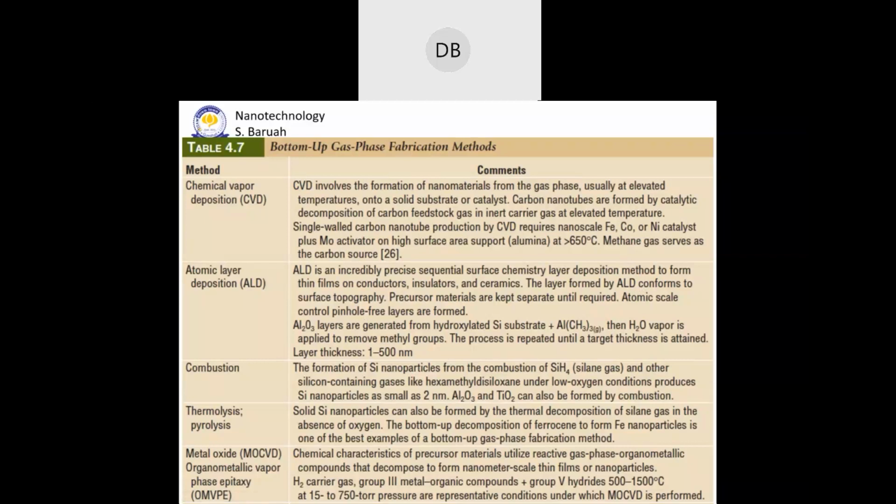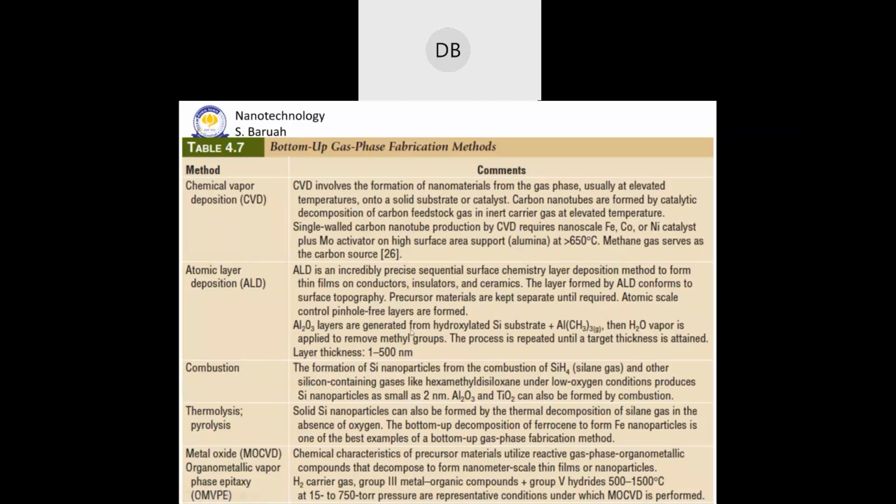Obviously, because the roughness is in micrometers and the layer you are depositing is maybe a few nanometers. It's like covering up a rough surface with a very thin layer, and the thin layer will follow the surface. That is what happens in ALD.